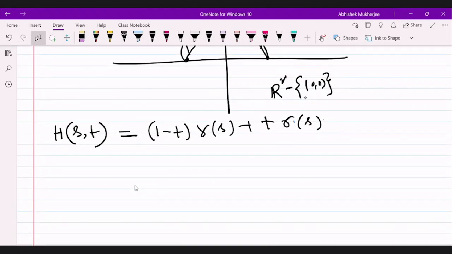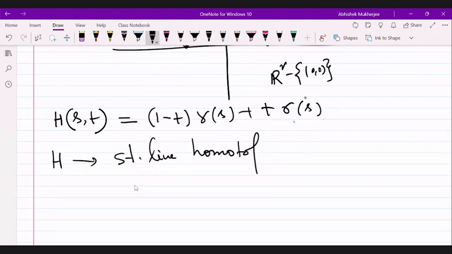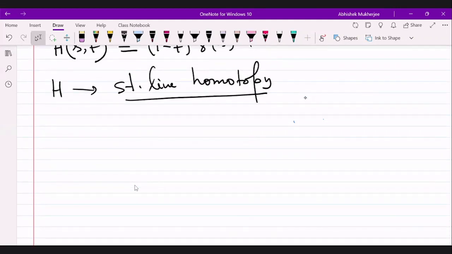Great. But this kind of homotopy is called straight line homotopy. Straight line homotopy. Great.